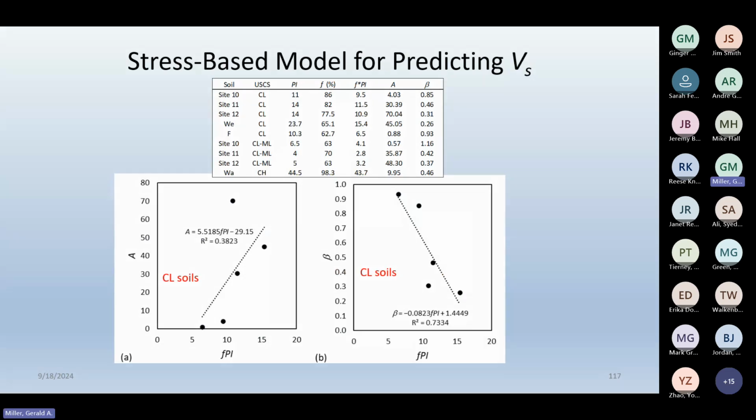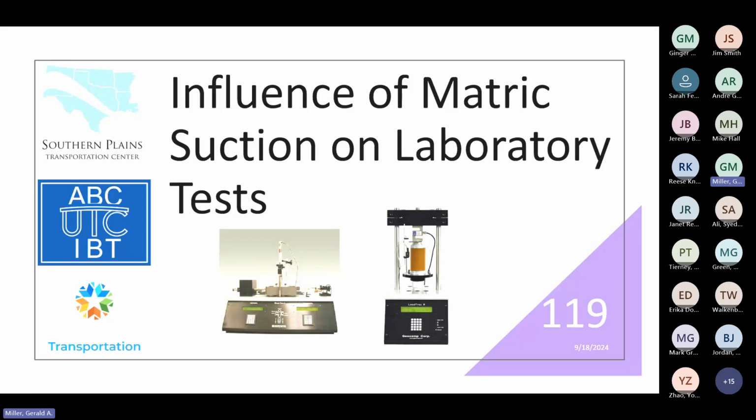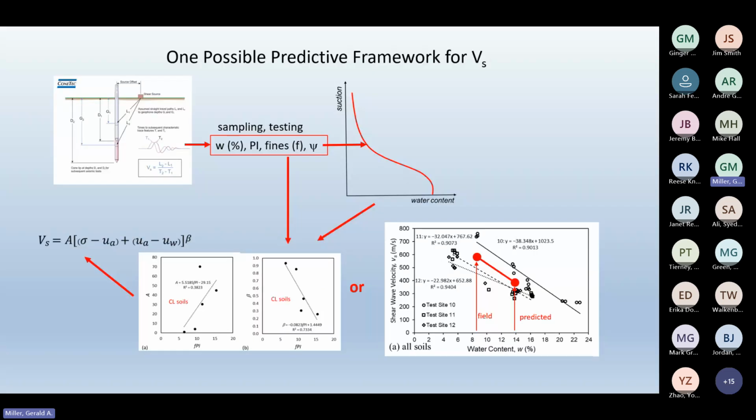So I'm going to leave you with this in terms of our shear wave velocity discussion. There are different approaches you can take, but the main thing is, if you're doing shear wave velocity measurements, or I should say, you could almost apply this to any of the testing techniques we talked about, one thing you can do to improve your knowledge of unsaturated behavior is make sure you're taking plenty of water content specimens so you can map the water content profile of your soil.